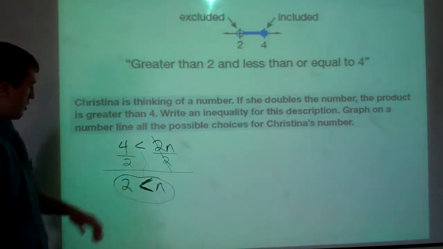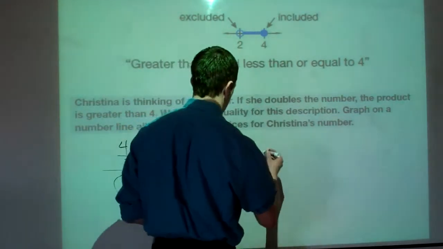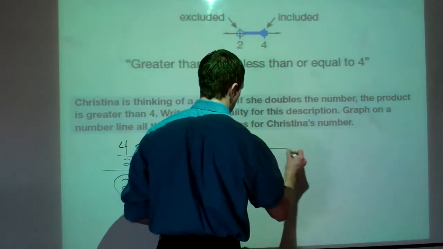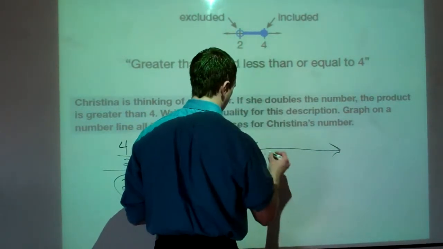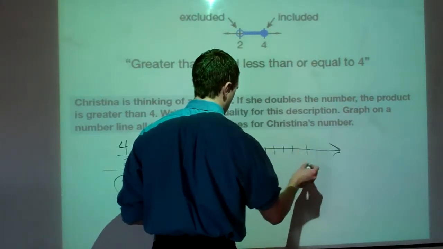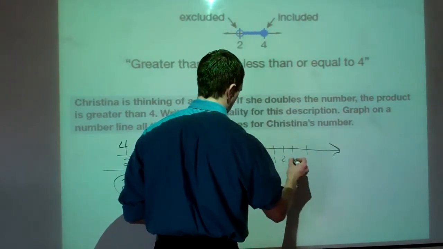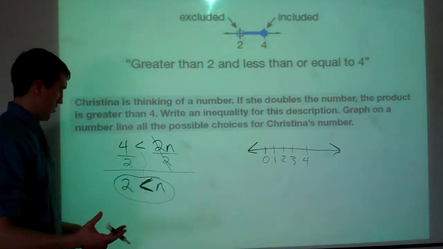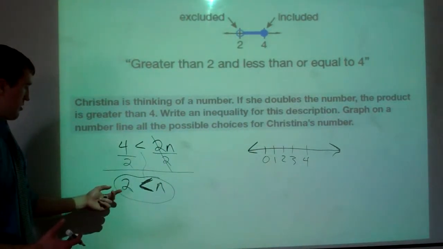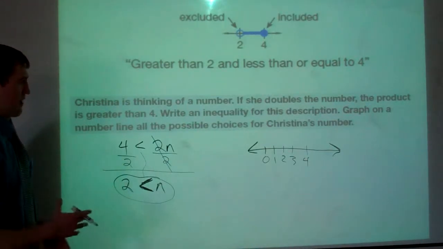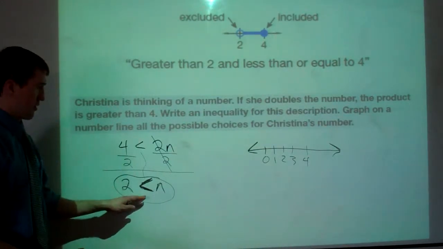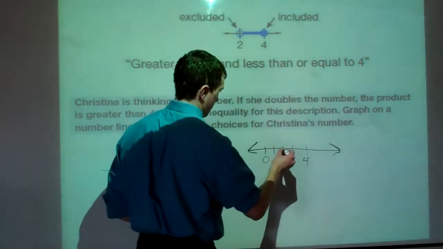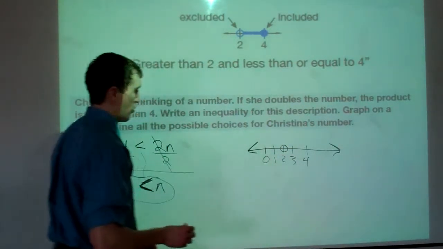So here's your inequality, and now to graph that, we write a little number line. And you'll probably want to put at least 5 numbers on there. 0, 1, 2, 3, 4. You'll get good at picking out which numbers you should use. 2 is in the middle, and I know I'm going to have to go left or right here. So we're not including 2, that's an open circle on 2.